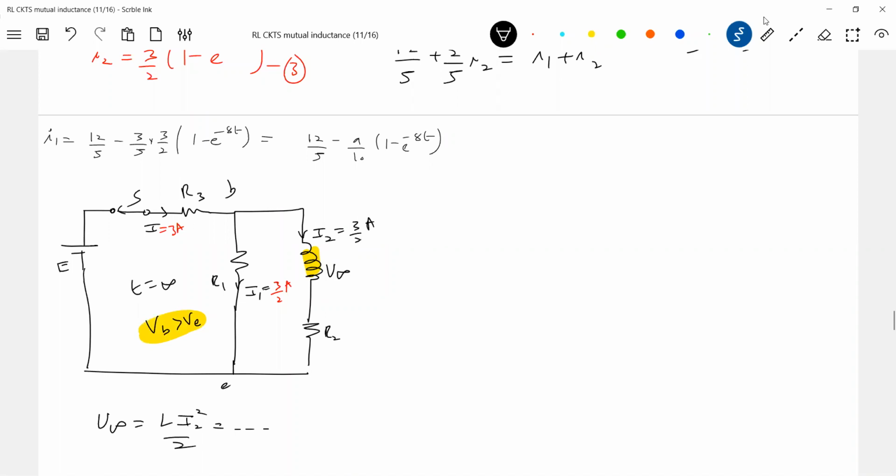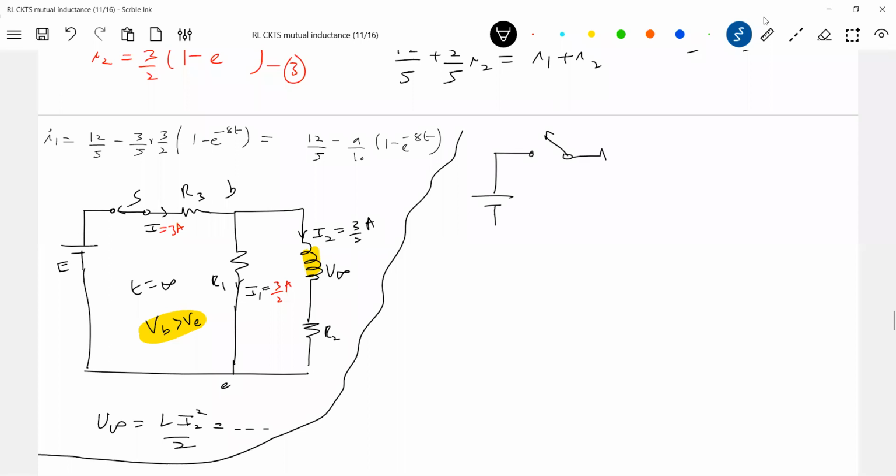Now I'll open the switch. At a steady state, the switch is opened. Once the switch is open, what conditions will prevail? The battery will be cut off from the circuit. What direction will the current in the circuit and various parts flow?